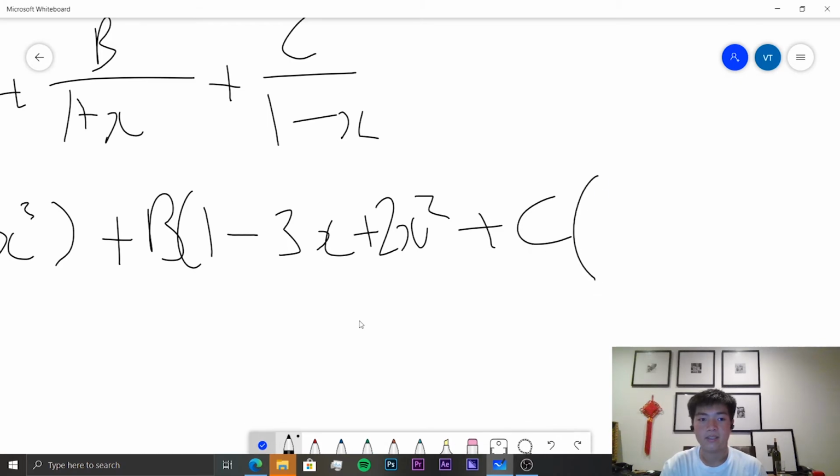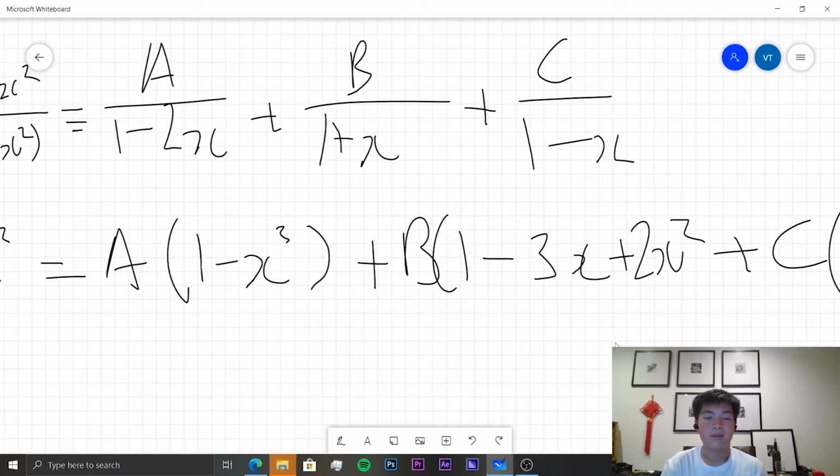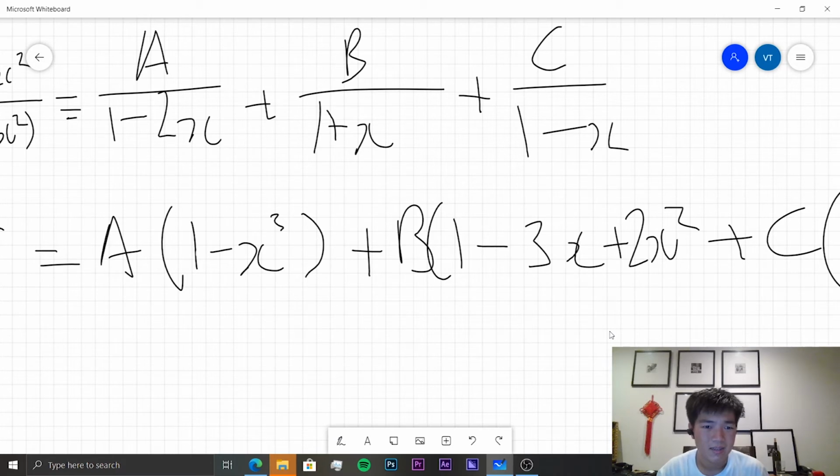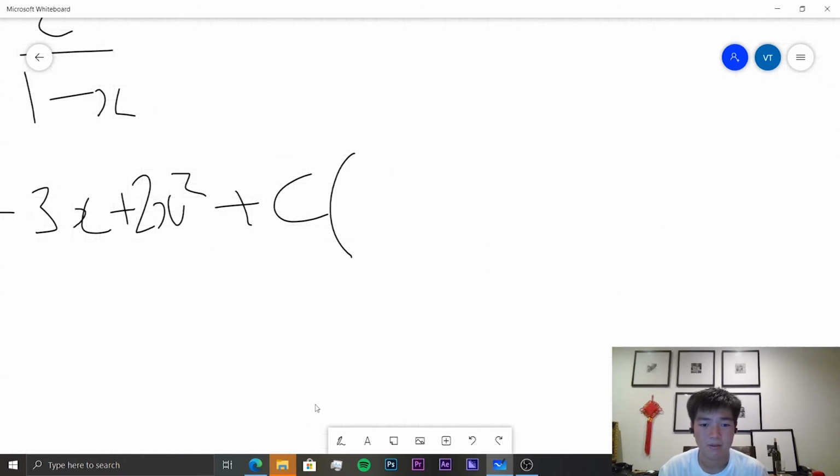And c is going to be 1 minus x minus 2x squared.